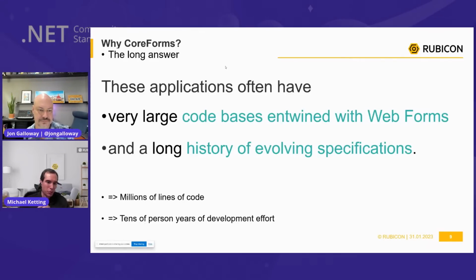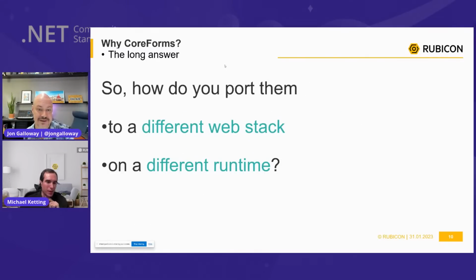And what do you do when you have millions of lines of code and tens of person years of development effort? I've tried to stay on the conservative side. But if you take a 10 people team and let them work for 10 years. So what do you do when you need to port this to a different web stack on a different runtime?